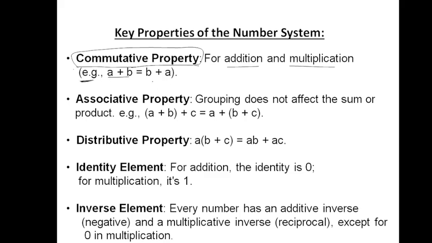A plus B equals B plus A, and we will convert it into numbers. Suppose 4 plus 7 equals 7 plus 4. When we add 4 plus 7, we get 11. And here again we add the two numbers, 7 and 4, and we get 11.